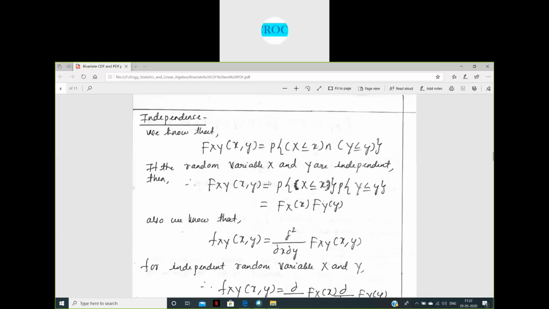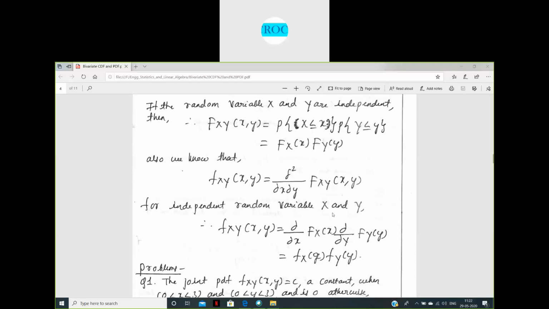By the definition of CDF for X and Y, this is F_X(x) F_Y(y). So if the random variables X and Y are independent, the bivariate cumulative distribution function is equal to F_X(x) F_Y(y).